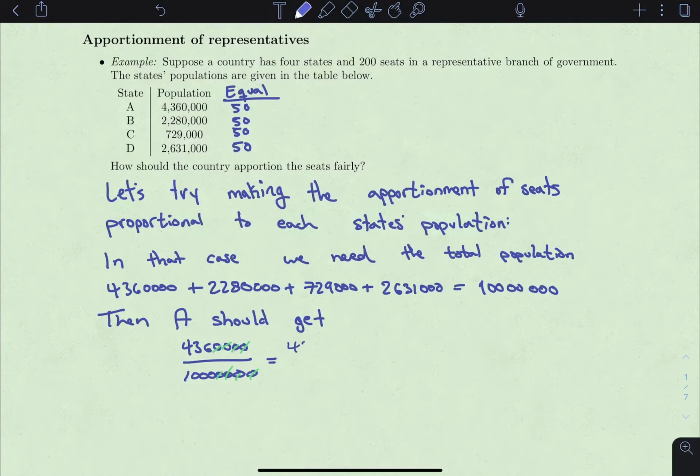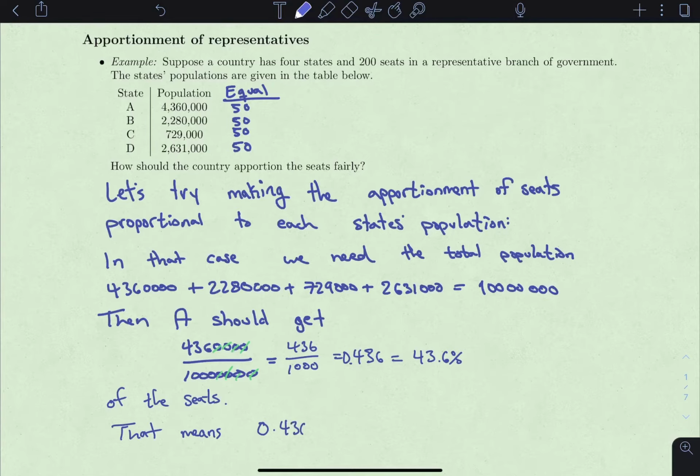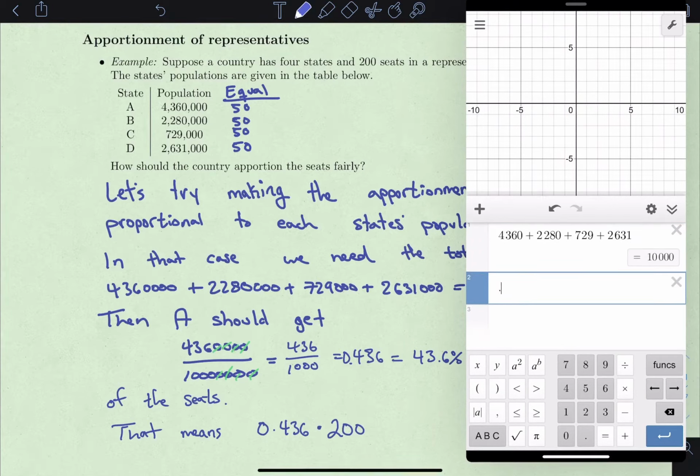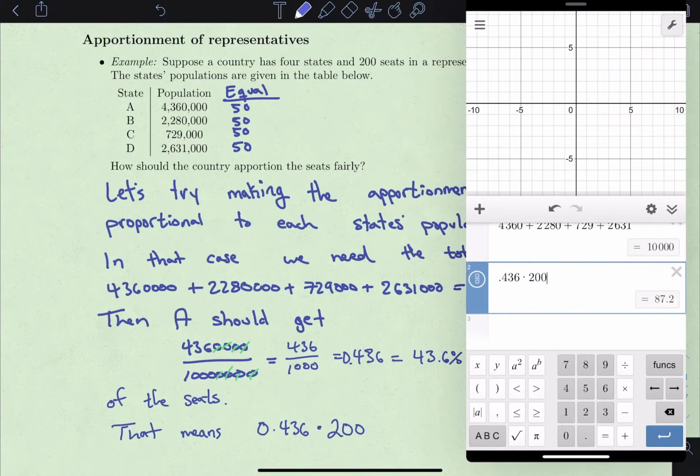Hopefully we'll see that that's 436 thousandths, or 43.6%. So A should get 43.6% of the seats. That means 0.436 times the total number of seats, which is 200. I'll bring our calculator back for that. It's 87.2.